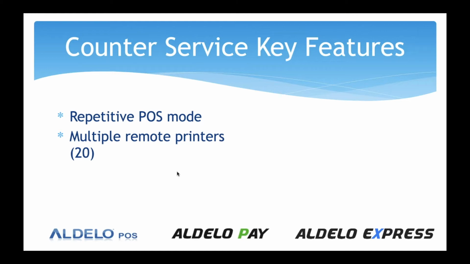You can have multiple remote printers. Remote printers are important in table service, but they can be more critical in quick service because you do need that fast delivery of the order to the different prep stations in the back. The prep stations in a counter service or quick service mode are going to be smaller areas.